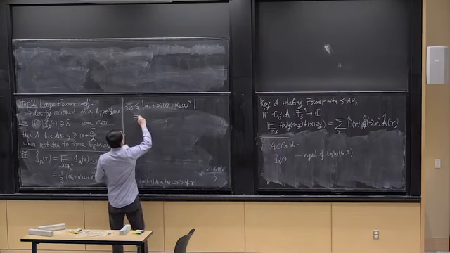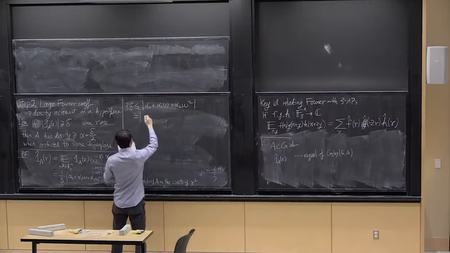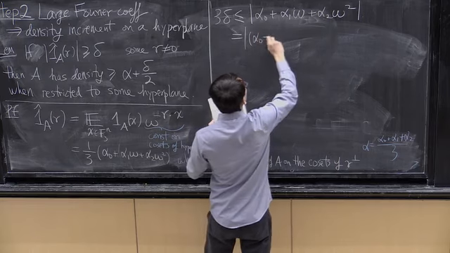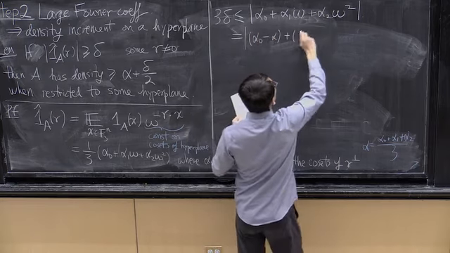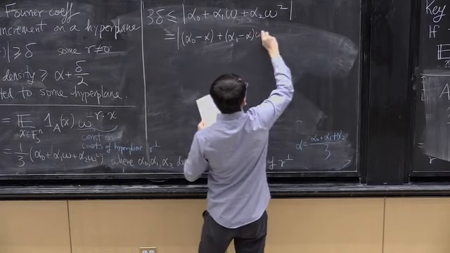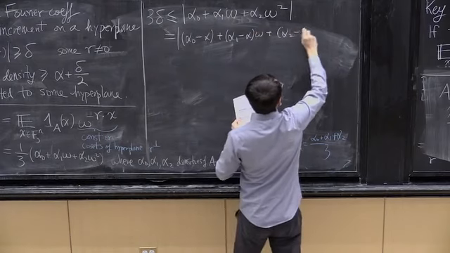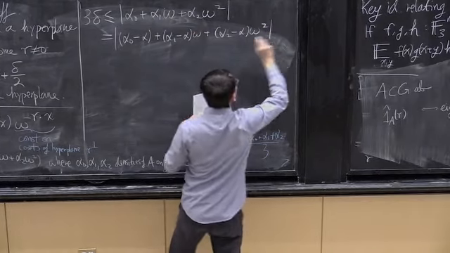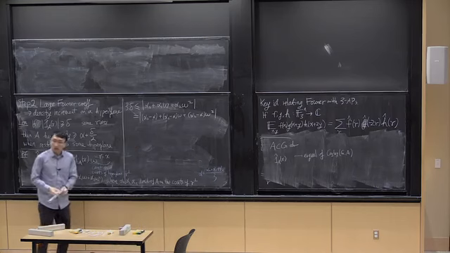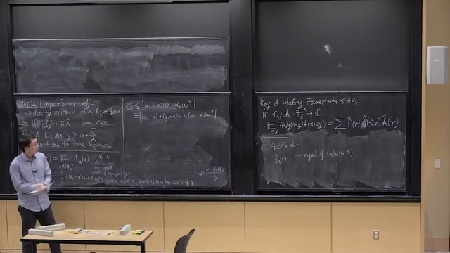So this inner sum I can rewrite like that. The sum of the 3 roots of unity add up to 0.